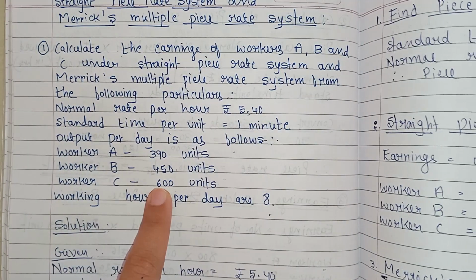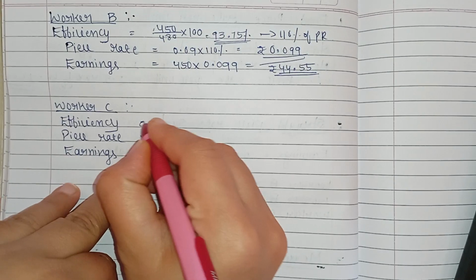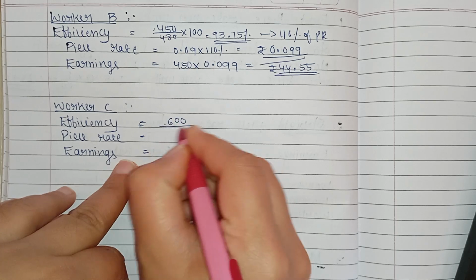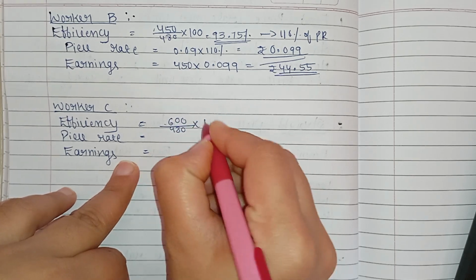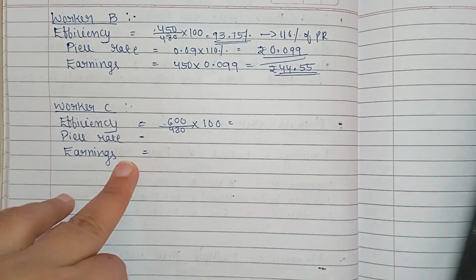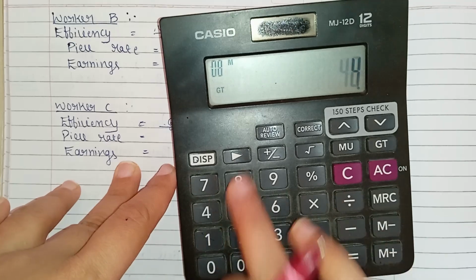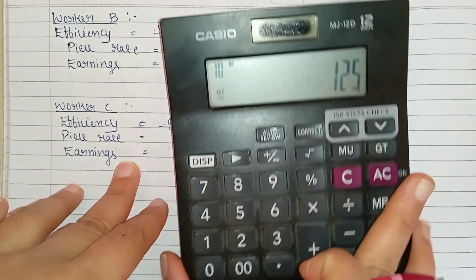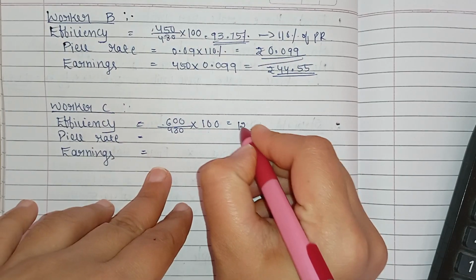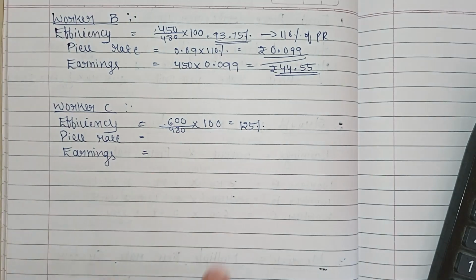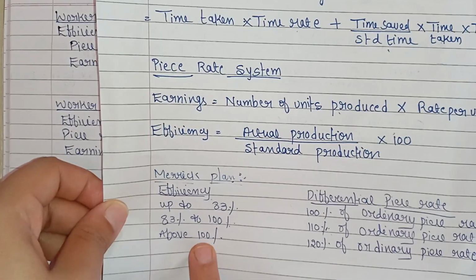Now worker C. First we need to calculate the efficiency. So worker C produced 600 units. 600 divided by 480, that is our standard output, into 100. 600 divided by 480 into 100. See, 125%. The performance level of worker C is 125%, means that is above 100%.